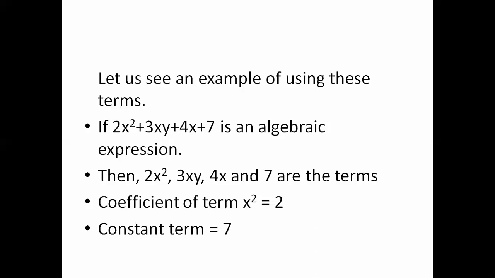If 2x square plus 3xy plus 4x plus 7 is an algebraic expression, then 2x square, 3xy, 4x and 7 are the terms. The coefficient of x square is 2 and the constant term here is 7 because it is the only numeric term.